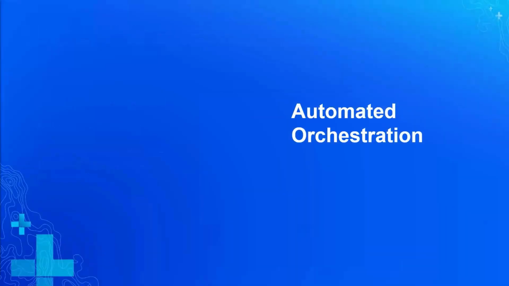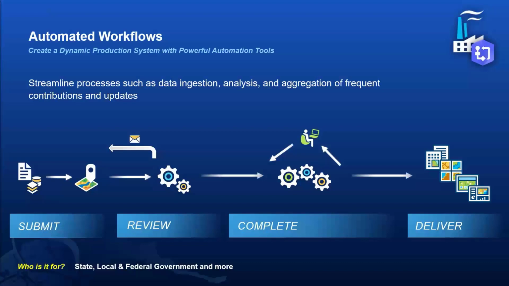Okay, let's switch gears a little bit and talk a bit more about automated orchestrated workflows, so specifically automated data processing. You can see again that original 4-stage review process modeled out, but now some of the activities are replaced by more automated ones.